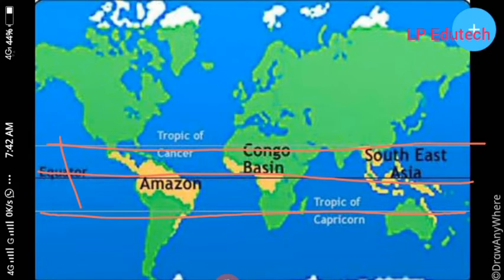Therefore, the salinity is also higher. Around 5 degrees north and south of the equator, in the equatorial calm belt, the sky is cloudy for a long period of time, and convectional rainfall occurs every day.